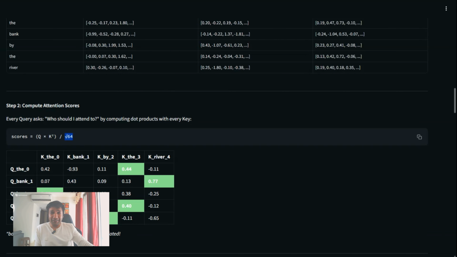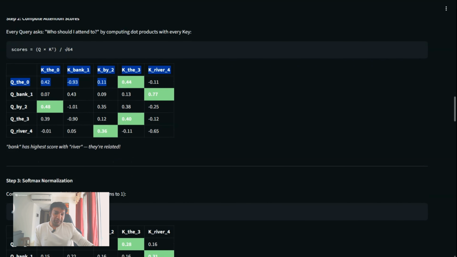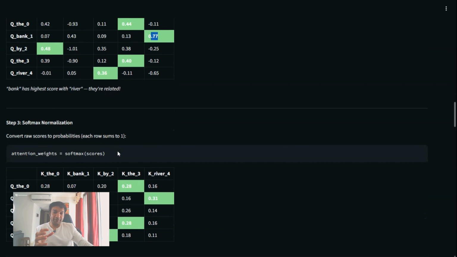Root 64 is used just so that the value doesn't blow up into some unrealistic number, and it is going to give you this matrix. In this matrix, you can see that bank has the highest score with river. This is because, of course, bank's major context is being drawn from river.